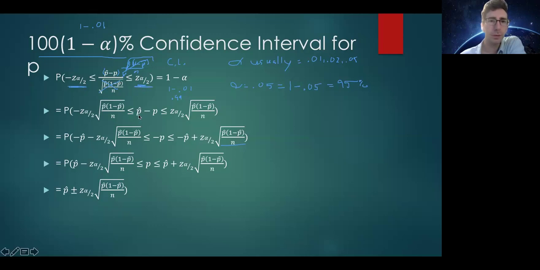So now you can see if we go down one row or step here, we've multiplied the inside by everything inside the square root, and so we've also multiplied our lower inequality cutoff value by that square root of p hat times 1 minus p hat over n, and we've multiplied our positive upper value by the same thing, right?